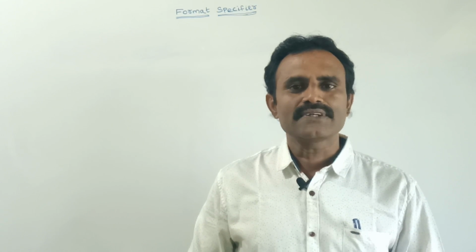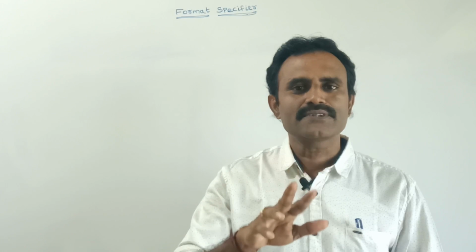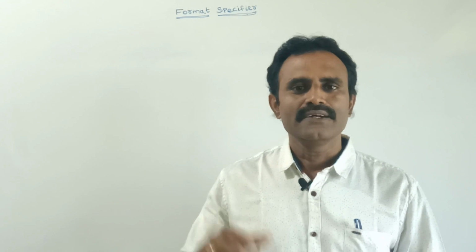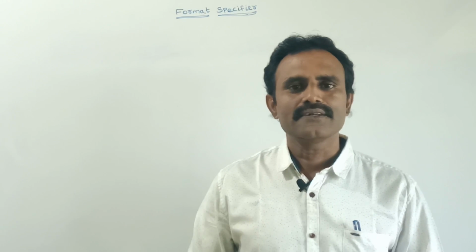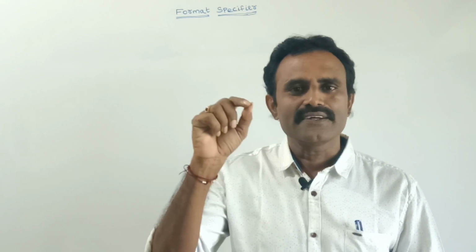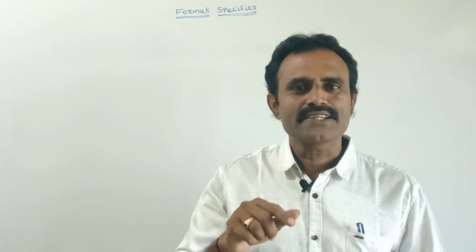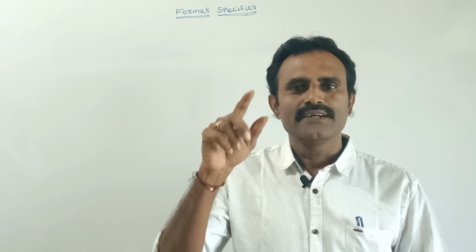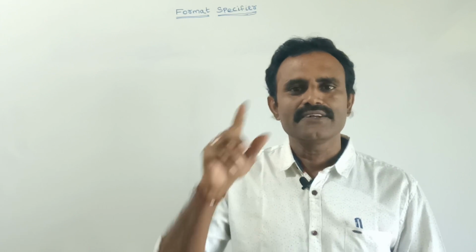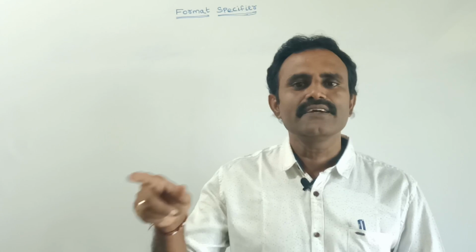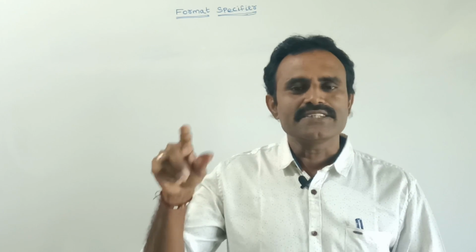In the scanf function, the first parameter is the format specifier. Here I am telling the compiler the type of data: for integer, we should mention the format specifier %d. After %d, we should mention the variable name, that is a.